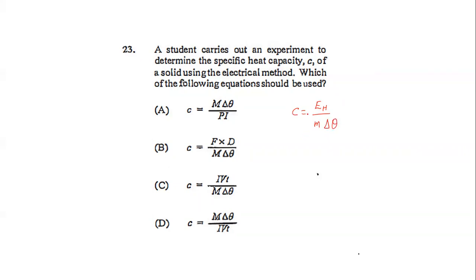Now, EH is also equal to power times time over M delta theta, and power is equal to IV. So that will be equal to IVT over M delta theta. So the answer rather is going to be C.